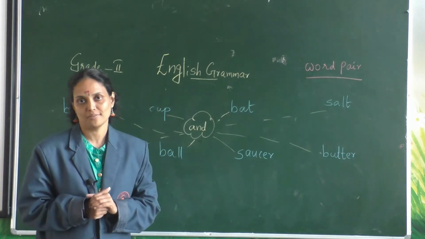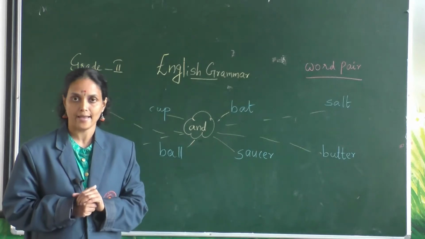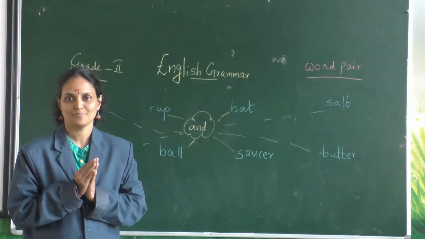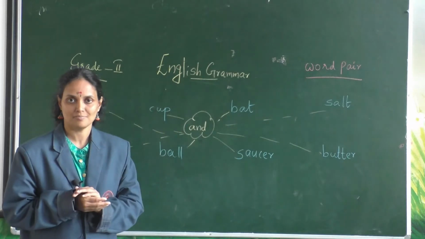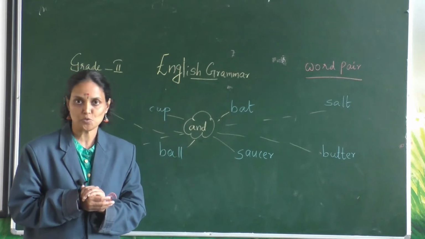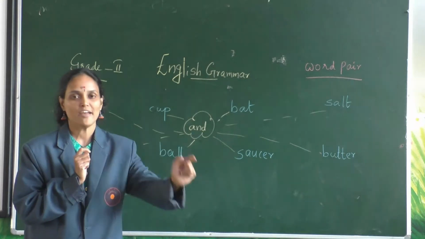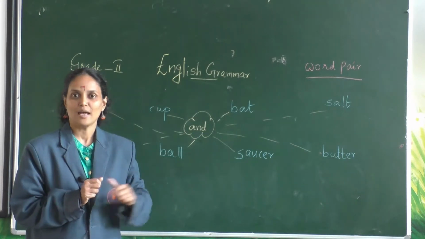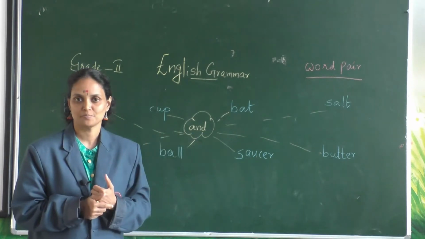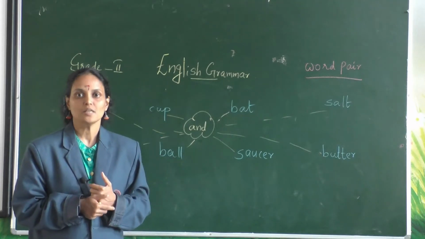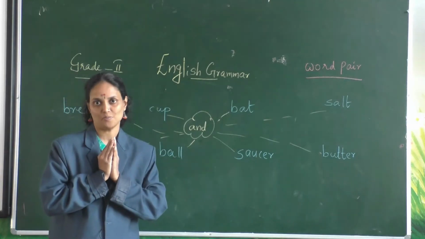The conjunction or joining word and is used to frame word pairs like bread and butter. And is used to frame two similar words. Chair and table, pepper and salt, cup and saucer. Right? So, these are the word pairs.